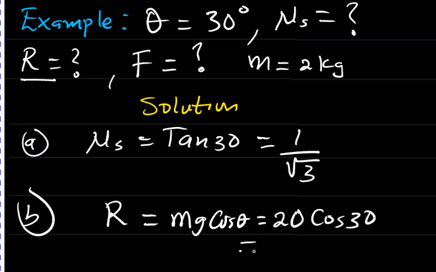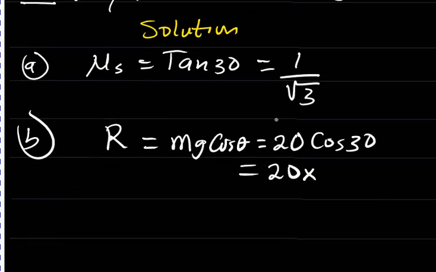Cos 30 is root 3 over 2. So my answer is 10 root 3, please pardon me. The answer is 10 root 3 Newton.